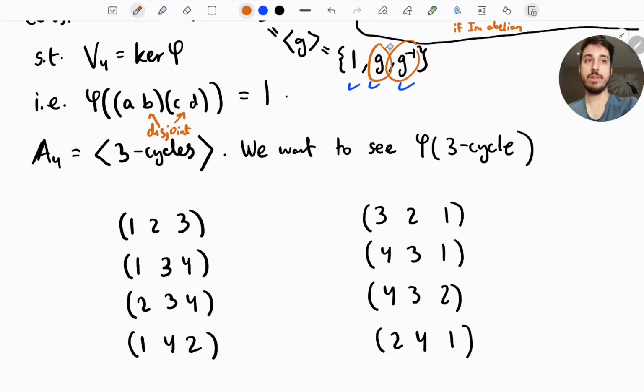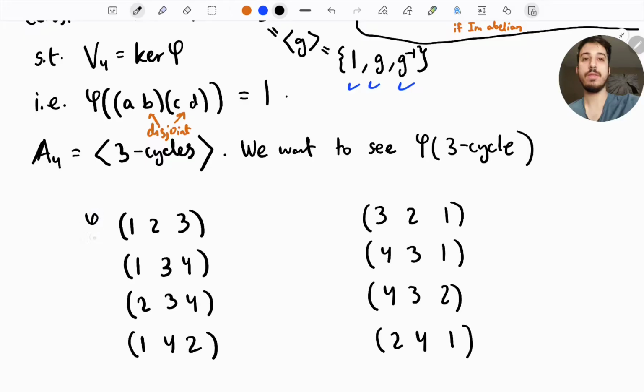Now, without loss of generality, I can assume phi of (1 2 3) is equal to g. I could have chosen any of these 3 cycles and said that phi of that 3 cycle is equal to g. But because I chose (1 2 3), I have to now be committed to that choice.